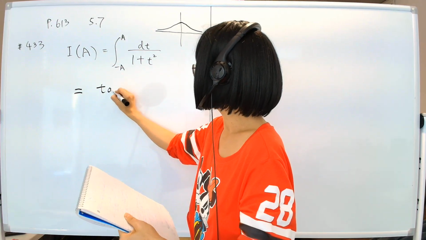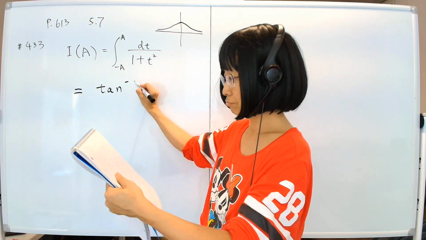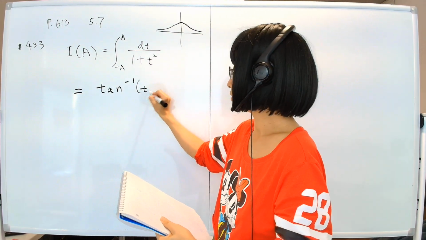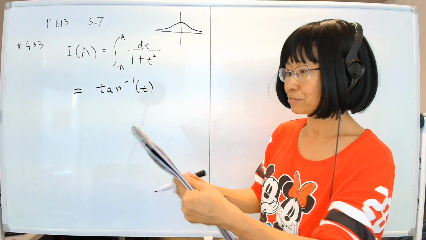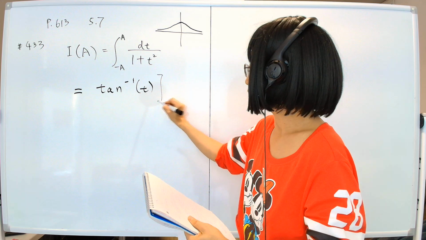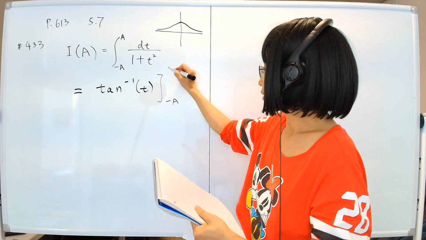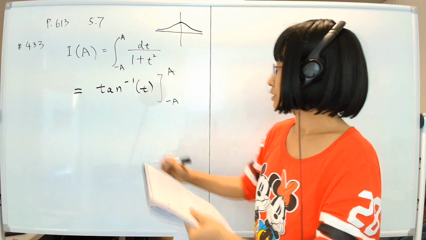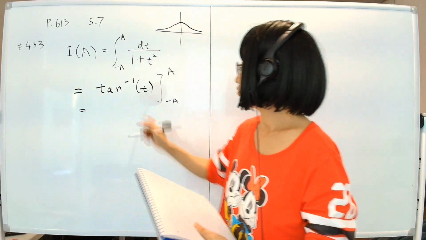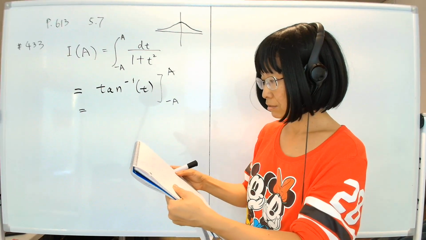tangent inverse of t. Not much to it. There's no complication, no extra numbers we have to think of. Evaluated at minus a and a, which equals the tangent inverse of a.